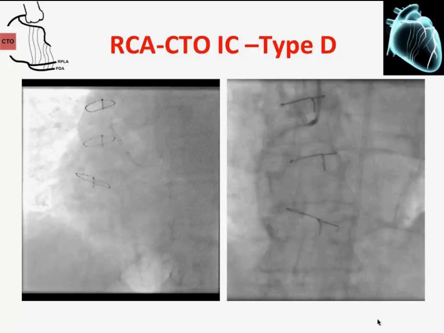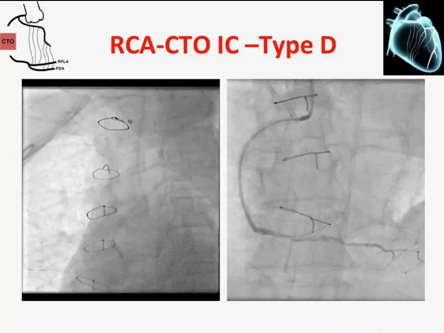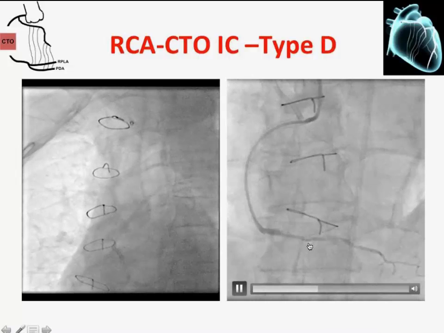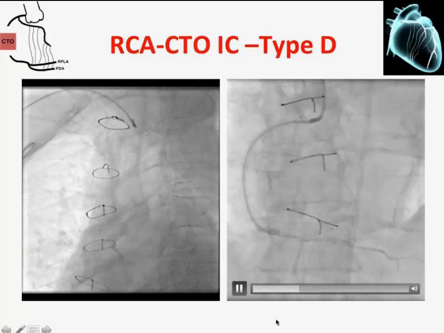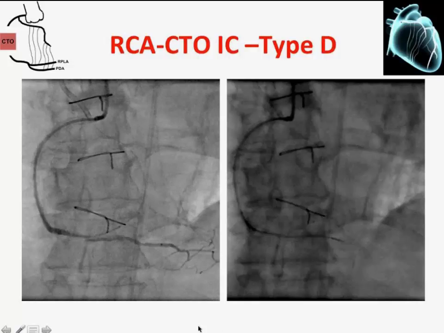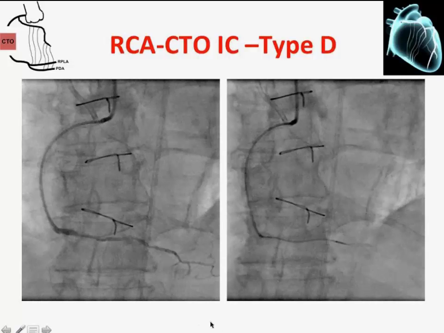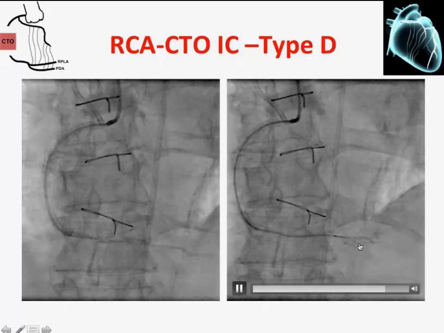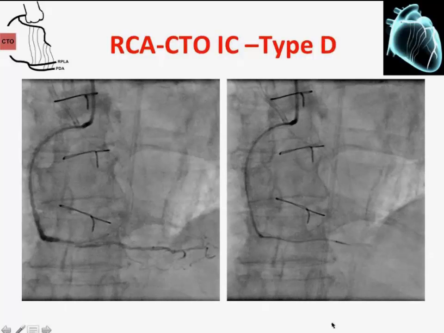And in the right image, you can see at the distal part here a dissection, some dissection membrane. I brought the antegrade wire in, and I brought the Crosser in here over a mother and child catheter, and I was again in the subintimal space.